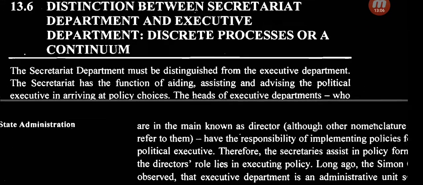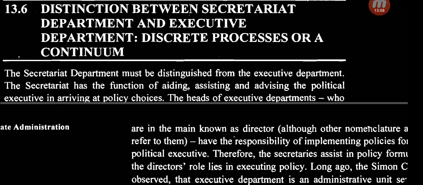Distinction between Secretariat Department and Executive Department: discrete process or a continuum? The Secretariat Department must be distinguished from the Executive Department. The Secretariat has the function of aiding, assisting and advising the political executive in arriving at policy choices.